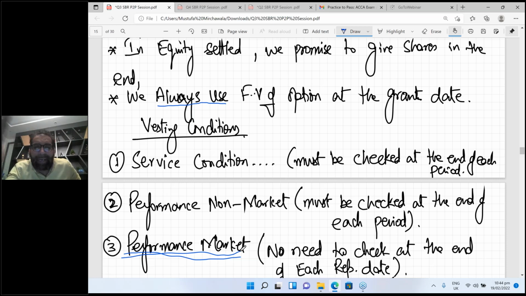So at each year end, you don't need to see the share price or whether we are meeting the target or not, no need to see at each reporting date. This is how you studied. I'm just giving you a few summary points.